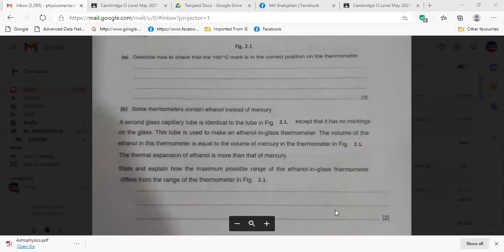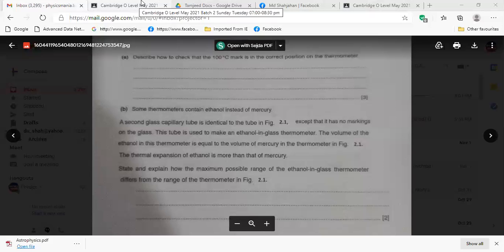Because we have less expansion in liquid with the same temperature rise in comparison to ethanol.